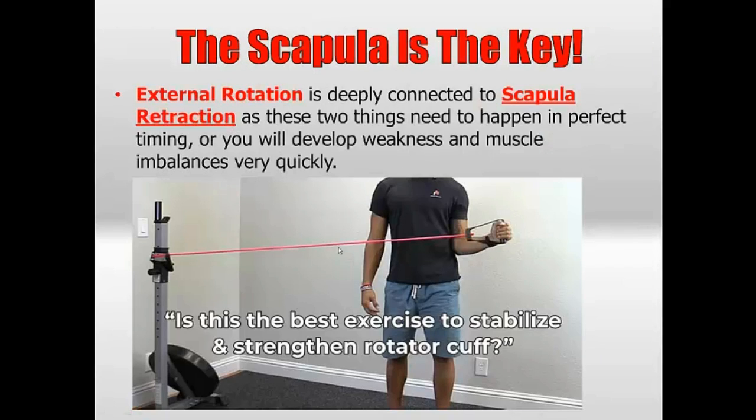So this is the common way that most people try to strengthen the rotator cuff, which has a few problems with it when you overuse it. But basically, in order for it to work, it has to have the scapular retraction happening. All right, or else you'll develop weakness and muscle imbalances from something you were using to try and prevent one.